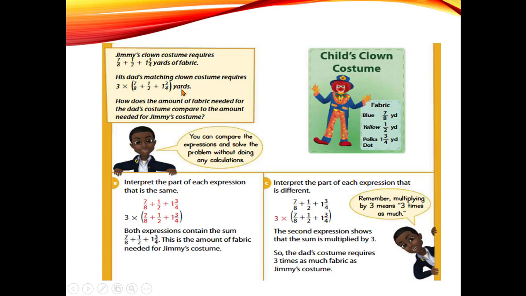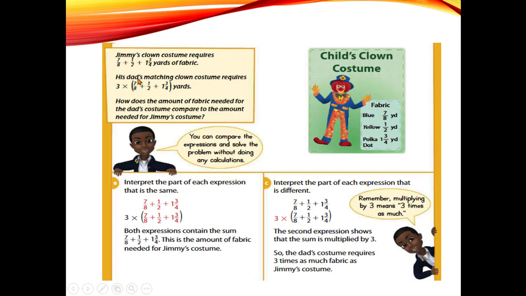His dad's matching clown costume requires 3 times 7/8 plus 1/2 plus 1 and 3/4 yards. So as you see, it's the same expression, but his dad will require 3 times as much as Jimmy's clown. So we interpreted the similarity between these two expressions. They are the same sum, we're adding the same numbers, but this is like triple this one.